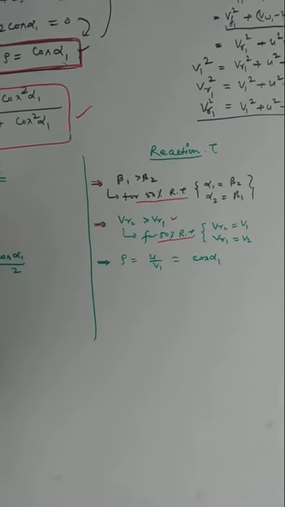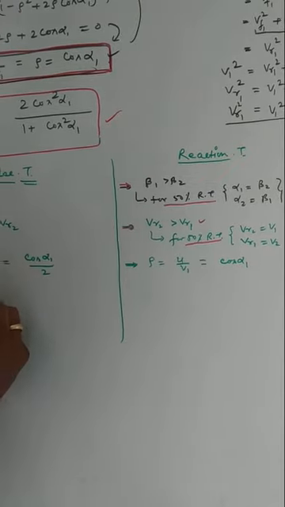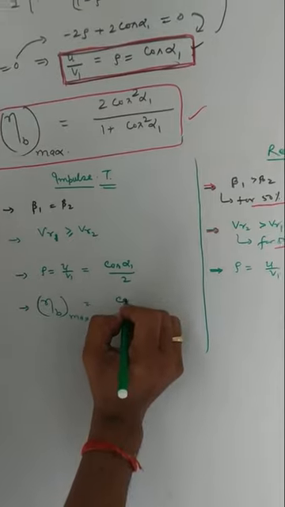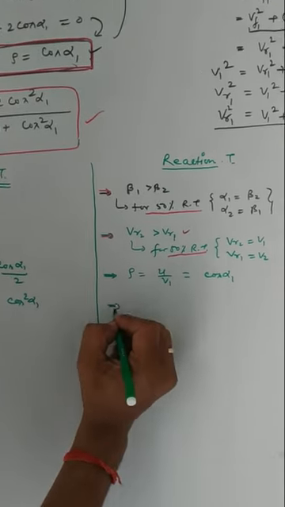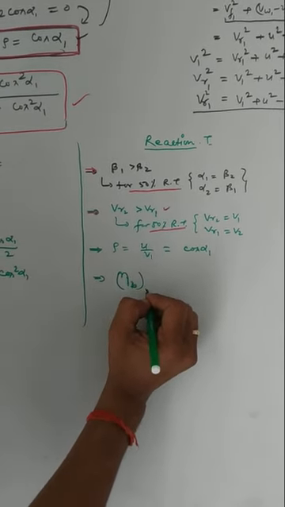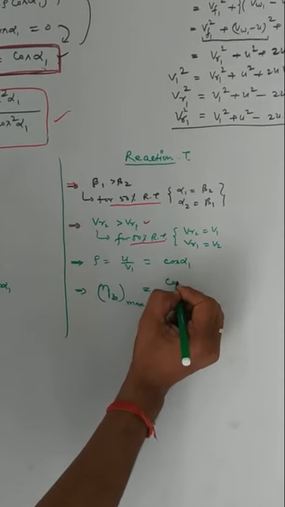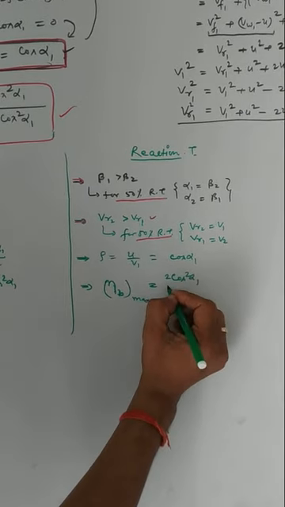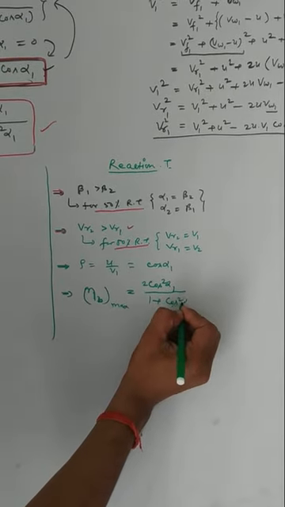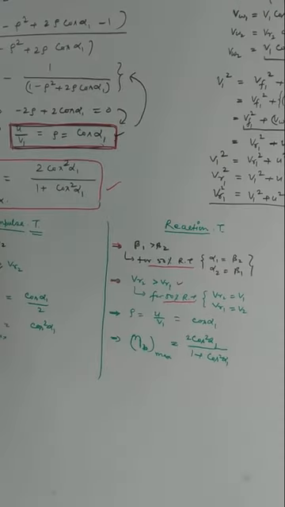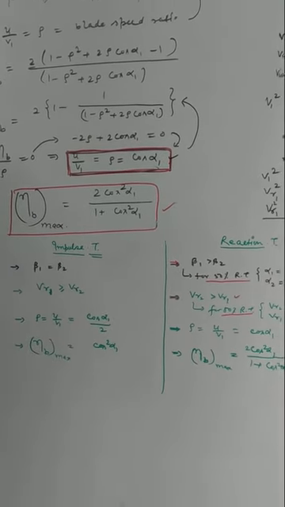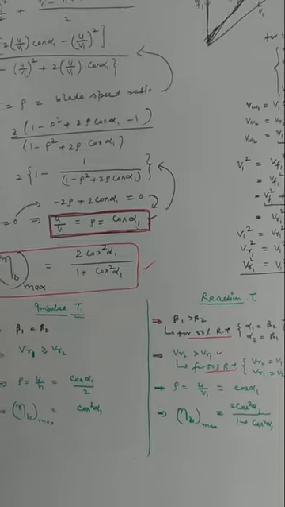Finally, the maximum blade efficiency in case of impulse turbine is equal to cos square alpha 1, and in case of reaction turbine, the maximum blade efficiency is 2 cos square alpha 1 divided by 1 plus cos square alpha 1. These are the major points which you can remember while you are solving problems related to the reaction turbine. Okay, that's it.